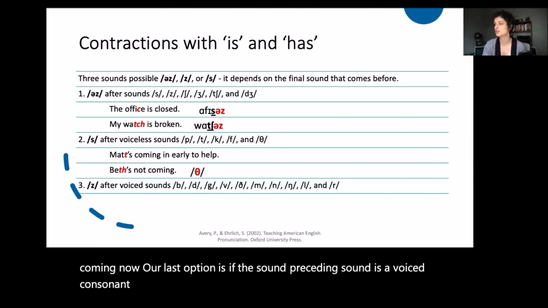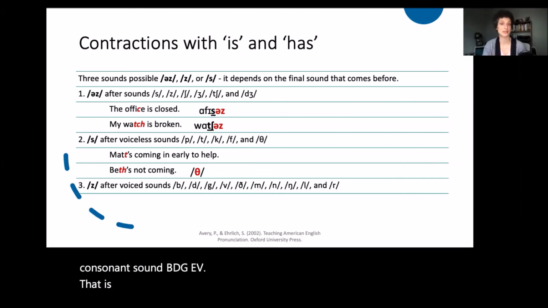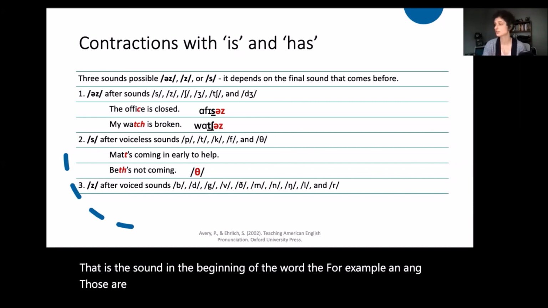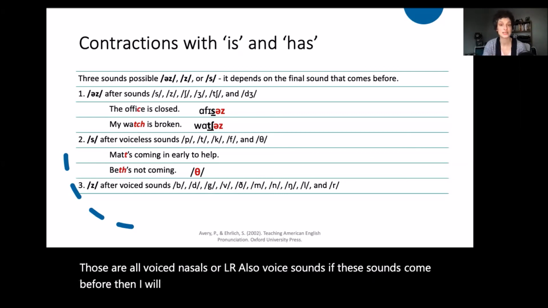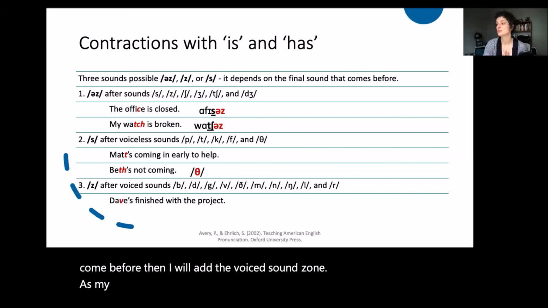Now our last option is if the preceding sound is a voiced consonant sound: B, D, G, V, eth, which is the sound in the beginning of the word the, for example. M, N, ng, those are all voiced nasals. Or L and R, also voiced sounds. If these sounds come before, then I will add the voiced sound Z as my S. So Dave's finished with the project.